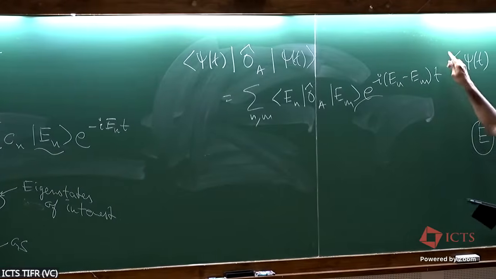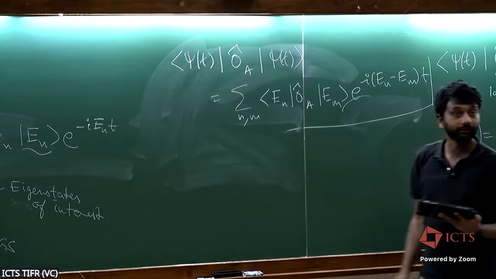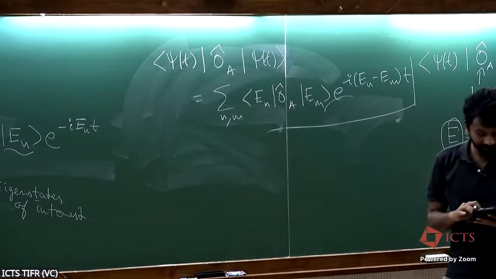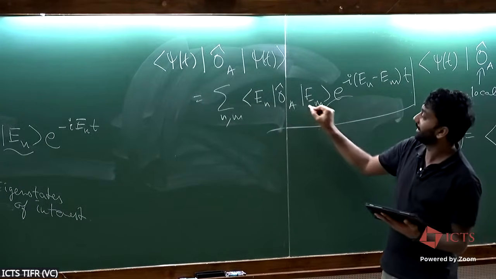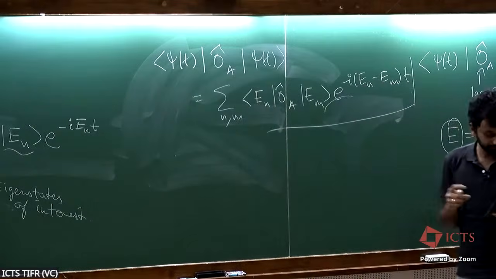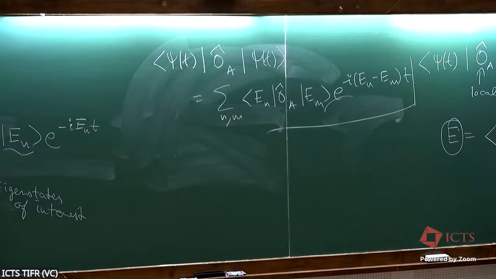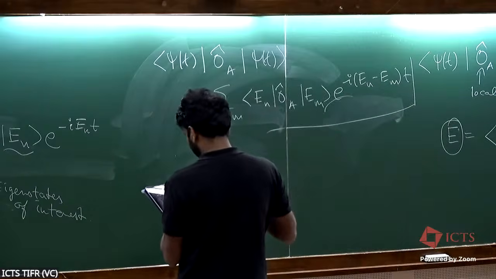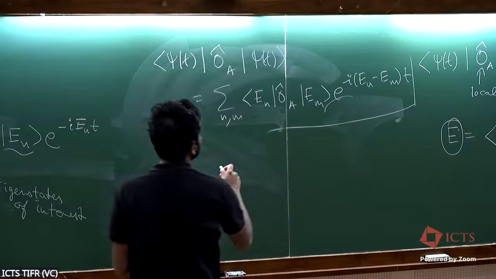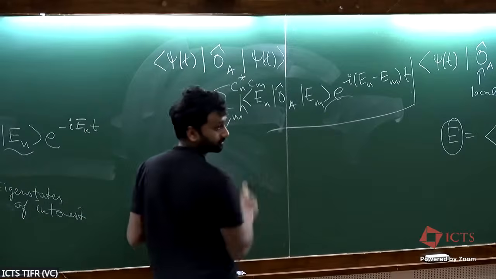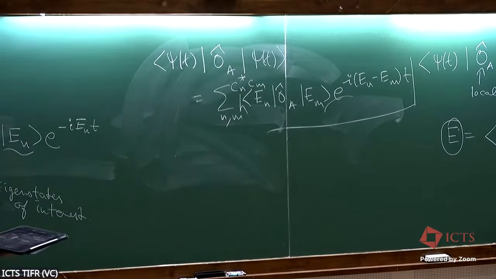Right? So this is the expression for the expectation value of some local operator, and you see that you're really interested in matrix elements of this operator between all kinds of eigenstates. Yeah, there has to be a c_n, c_m star here.